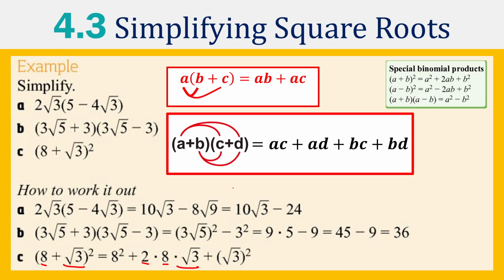Now calculate and simplify. 8 squared becomes 64. 2 times 8 times square root 3 is 16 square root 3. And here the root and the square cancel each other out to give me plus 3. Here I can add 64 and 3 because those are just numbers. And then my final result will be 67 plus 16 root 3.